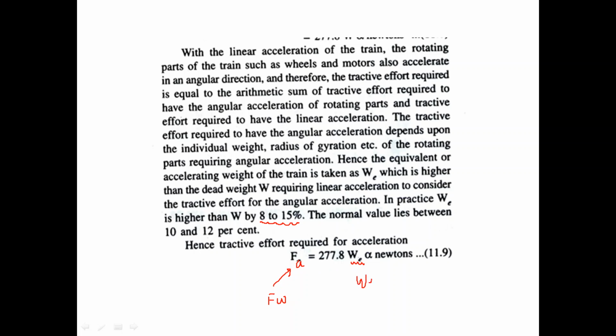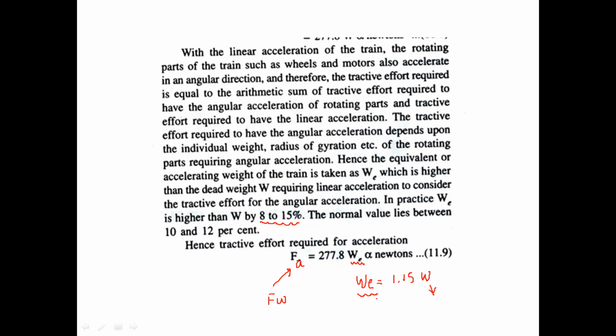So for example, the effective weight is taken as 1.15 into W, where W is the weight of the train. So it is taken 8 to 15% more than the weight of the train.